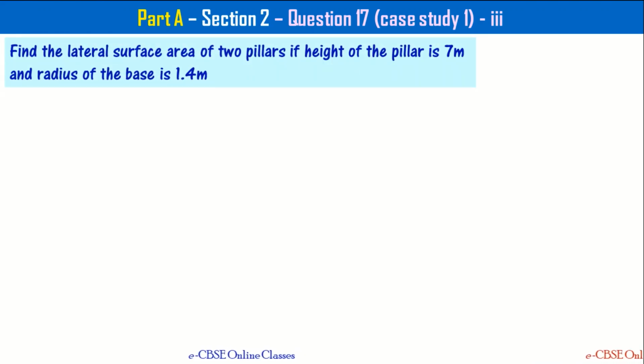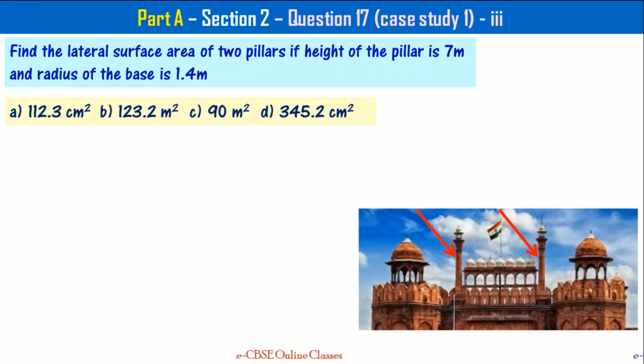Find the lateral surface area of two pillars if the height of the pillar is 7 meters and the radius of the base is 1.4 meters. And choices are given, and I have shown both the pillars in the figure.